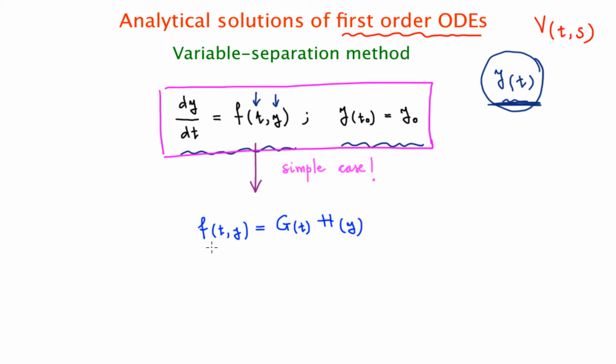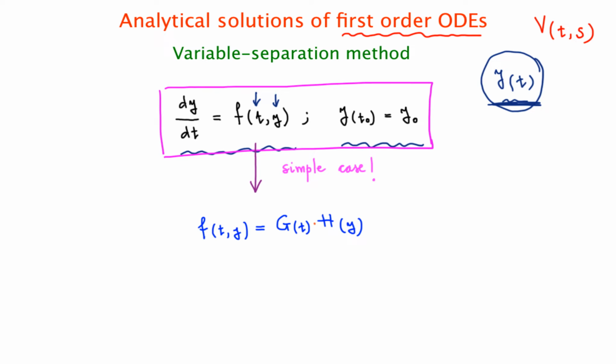So this function can be written the following way: some function g which depends on time times some function h which just depends on y. In such a case, we can have an analytical solution for this ordinary differential equation.